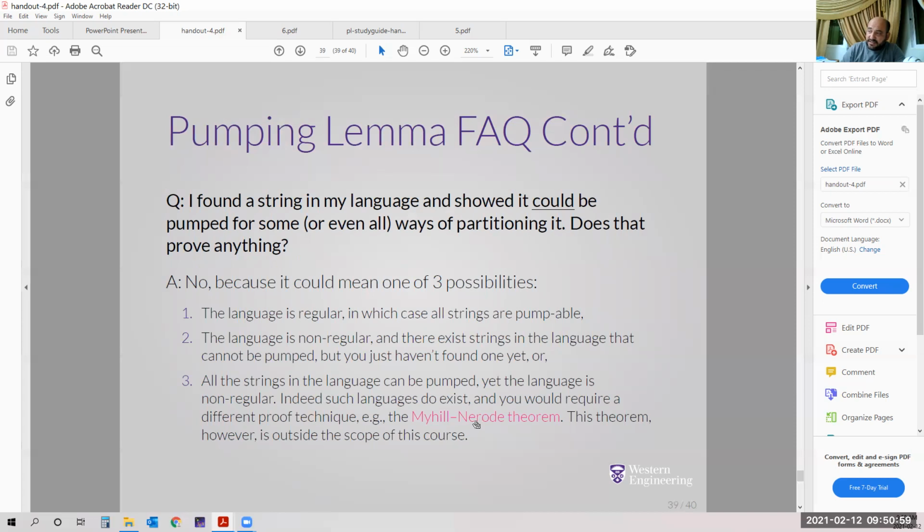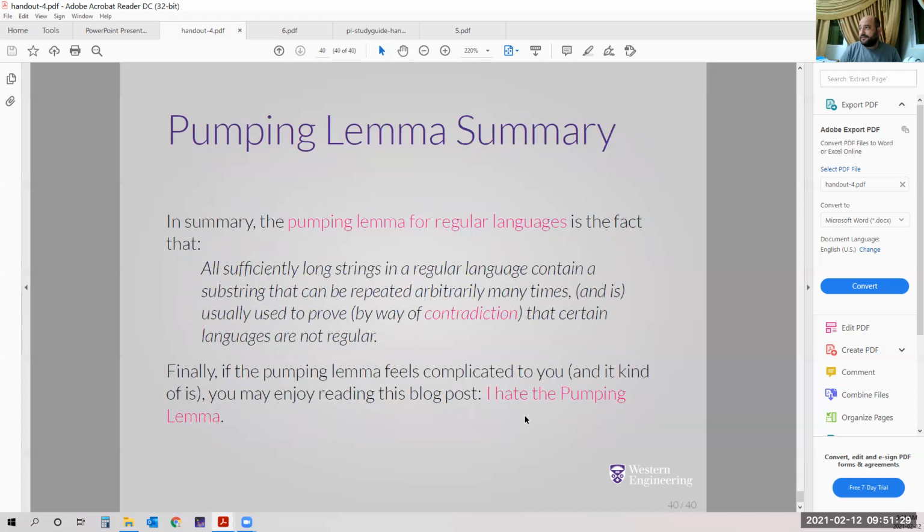If you want to see this example, there are some examples where you can pump all strings, however the language is still non-regular. How do we prove it? Not using the pumping lemma but the Myhill-Nerode way, which is out of our course scope. So you can read about it. If you click on this link, you will find how to prove it.